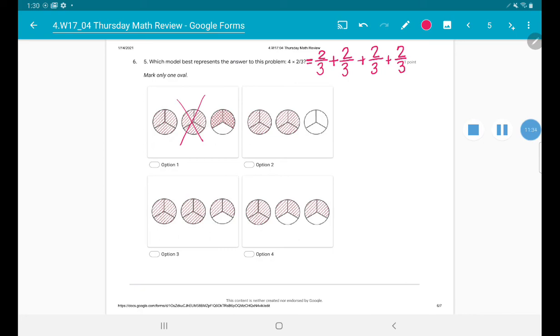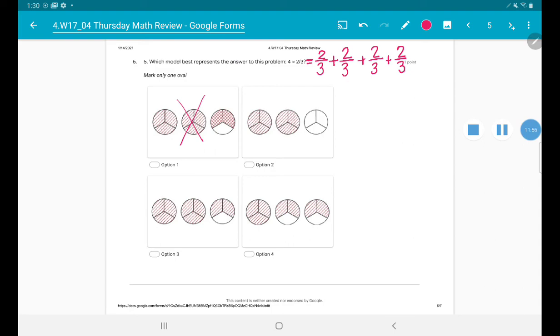All right, so now I'm going to look at my other 3 options to see which one shows 4 groups of 2/3. So to do that, I'm going to look at each piece, and I'm going to group them together into 2/3.